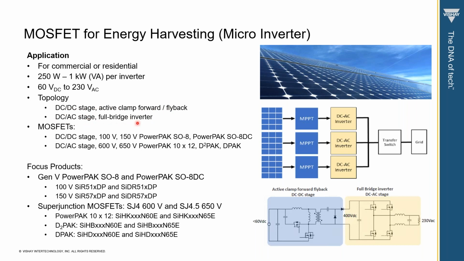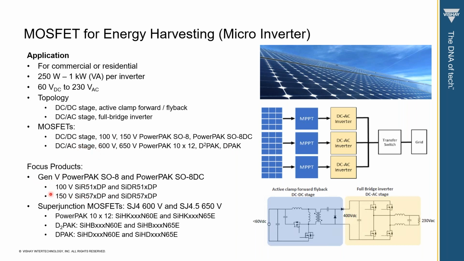For DC to DC, we have the 100 volt and 150 volt in the PowerPAK SO-8 or PowerPAK SO-8 double side cooling solution. For DC to AC, we have the 600 or 650 volt in the PowerPAK 1210, and also the D2PAK and DPAK.